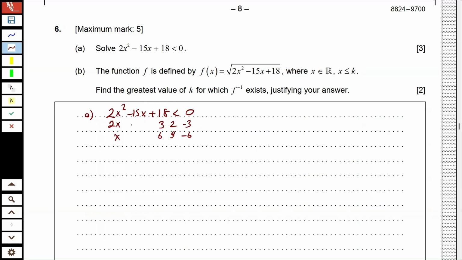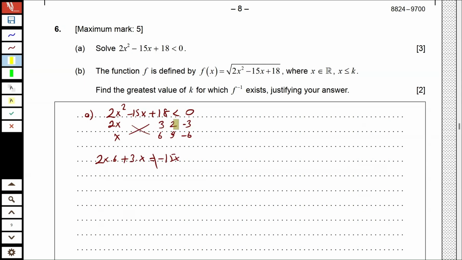The question is, when you cross multiply these numbers, for example 2 times 6 plus 3 times 6, it needs to be minus 15 times 6. So this one is not equal.